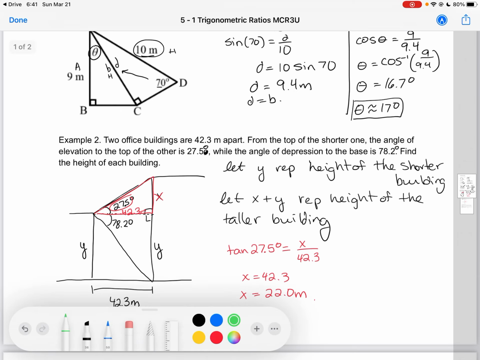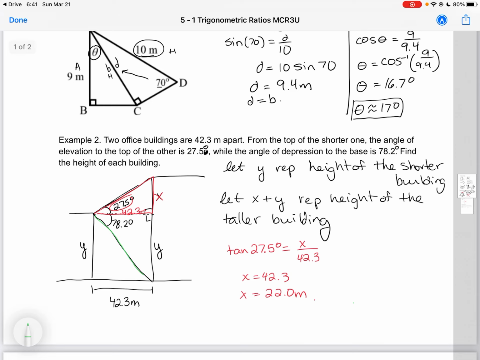Now I'm going to do almost the same thing. I'm going to solve for y. I'm going to use the second triangle right here and my angle of depression to allow me to solve for y. So actually the same trig ratio, tan of 78.2 is y over 42.3.